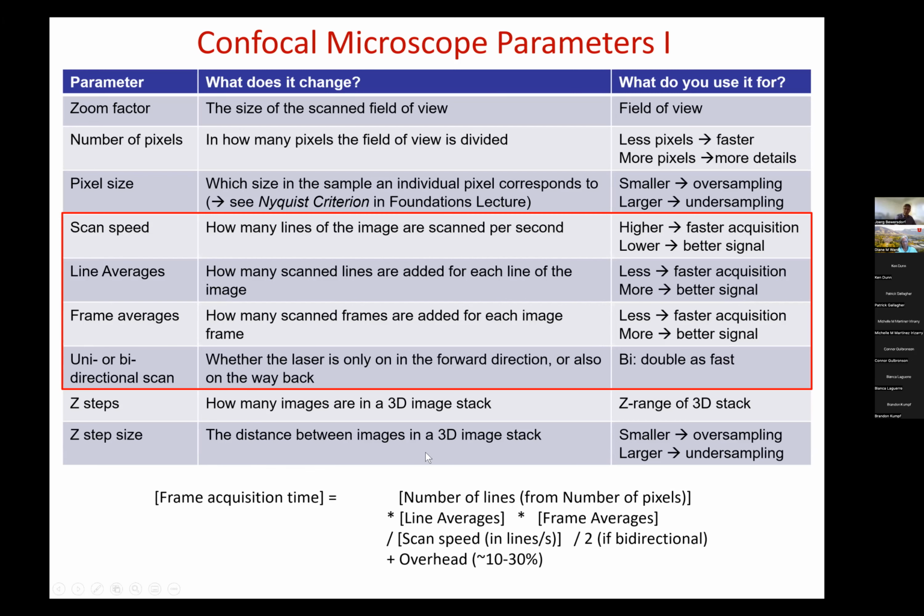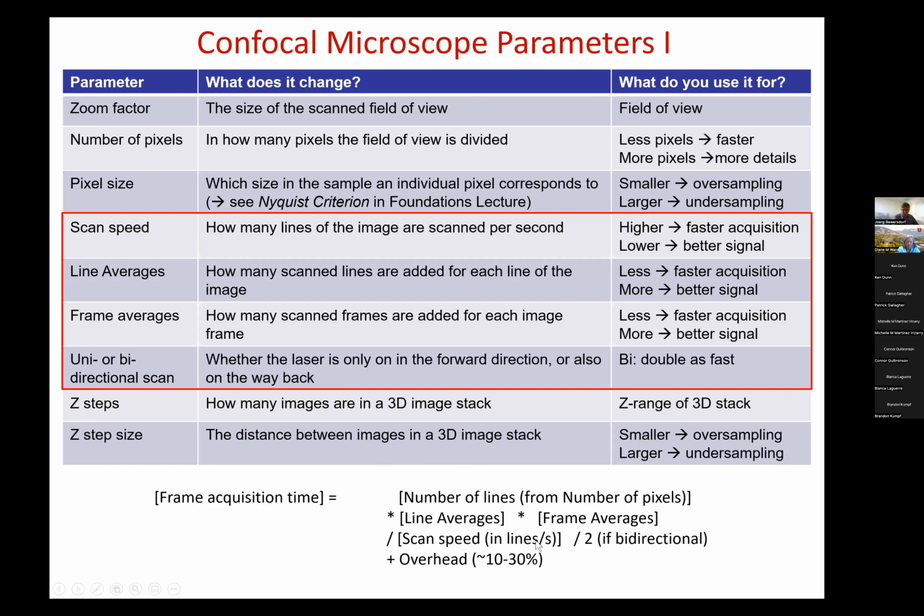So you have, let's say, 1024 lines times how often you average each line. So if you have 4 times average, that will be 4 times more. And then how often you average each frame before you say the imaging is done. And then you divide that number by the scan speed. So how quickly can the microscope scan these lines?